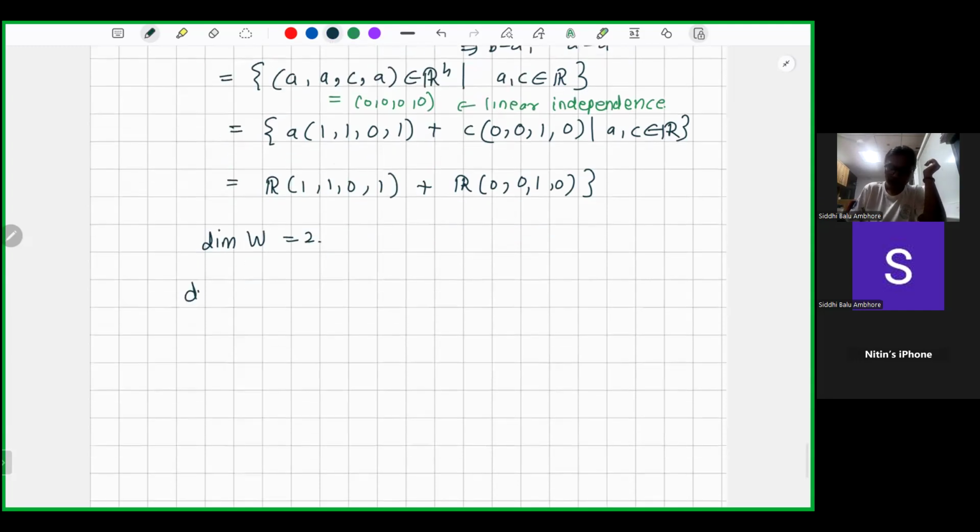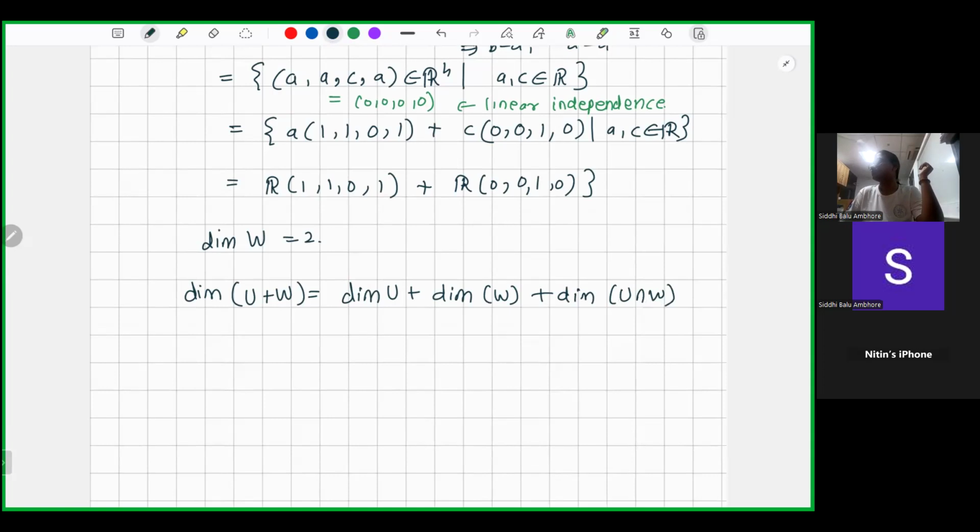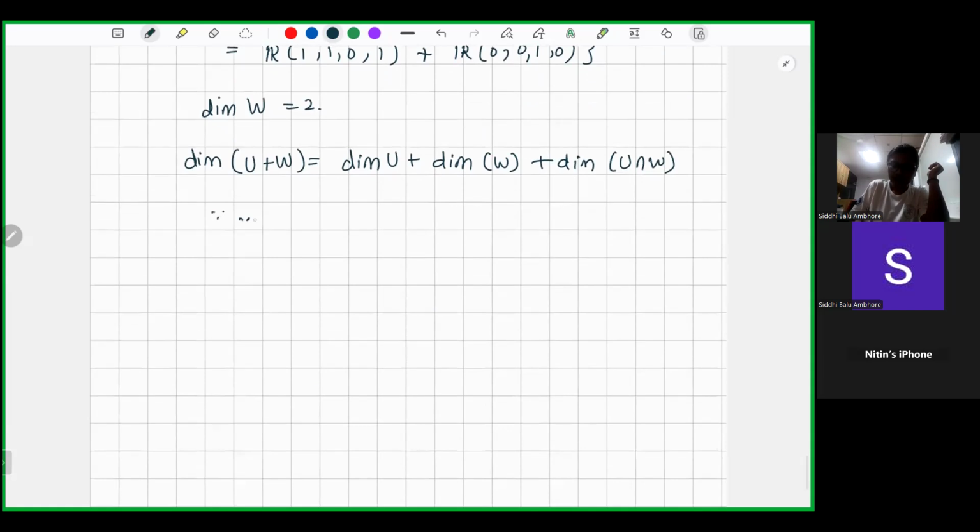So we now have the dimension of U plus W is equal to the dimension of U plus the dimension of W minus the dimension of U intersection W. Note that the dimension of U plus W is less than or equal to 4, since U plus W is a subspace of R4 and the dimension of R4 is 4.